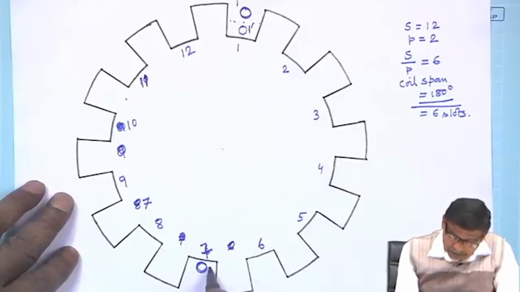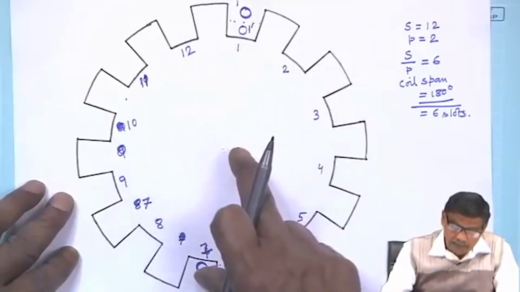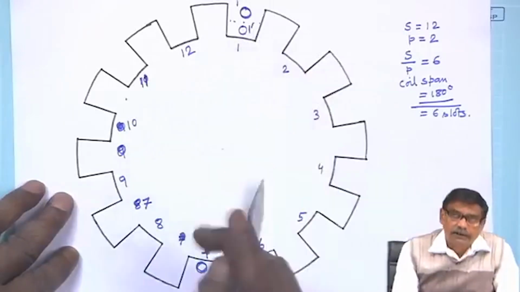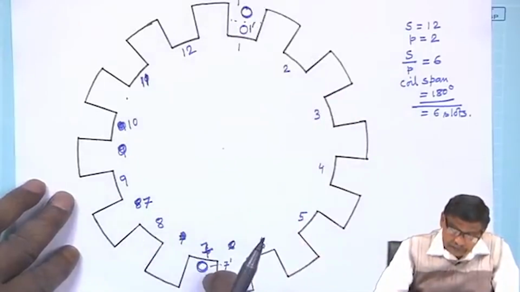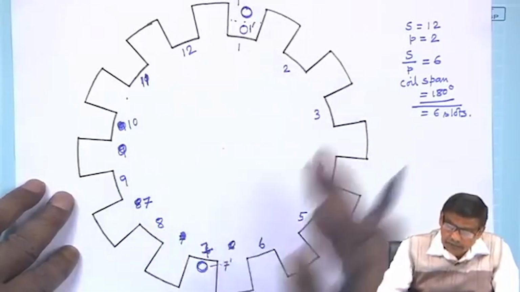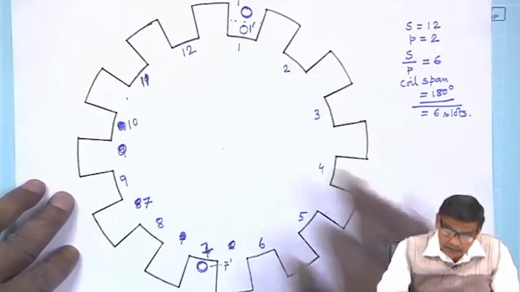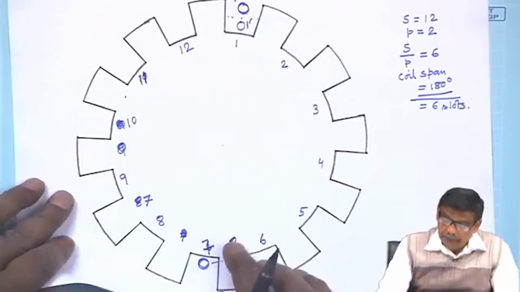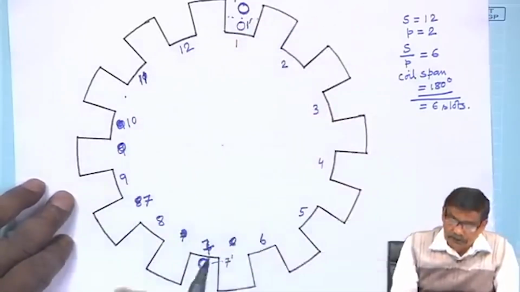So, this coil side I will call 7 dashed. So, 1 7 dashed is a coil. If 1 dashed is present I will call it 1 dashed below, but this coil is 1 7 dashed. Why is it diametrically opposite? Because P equal to 2, mechanical angle is equal to electrical angle. This is how the windings will proceed.